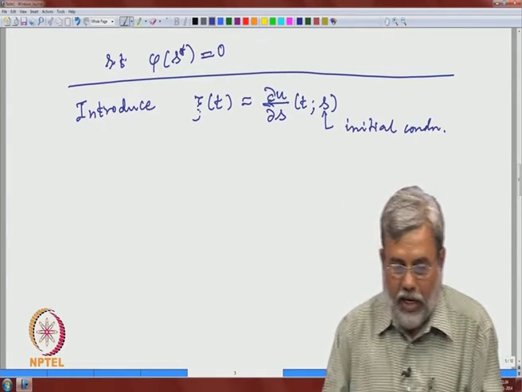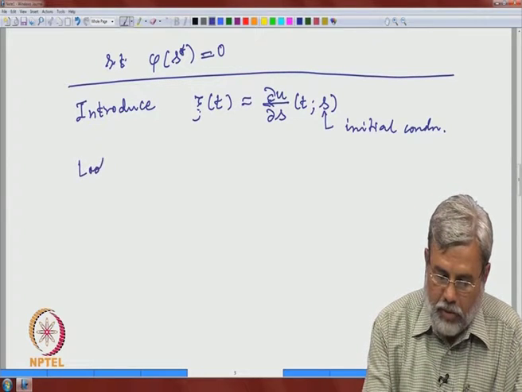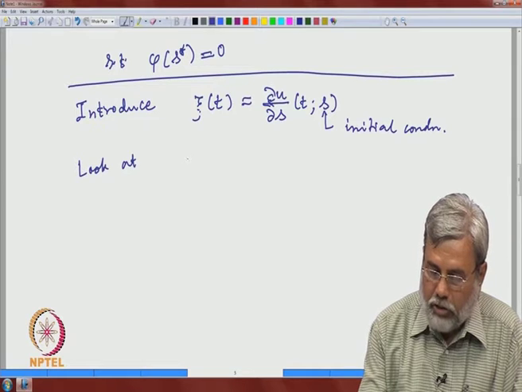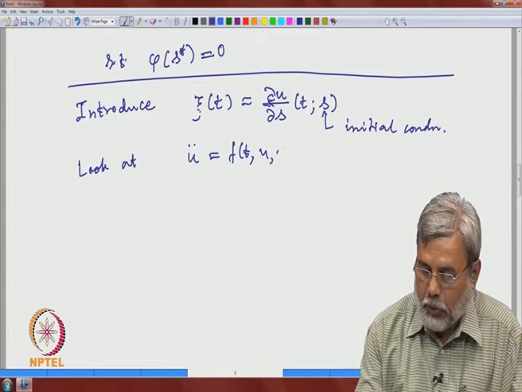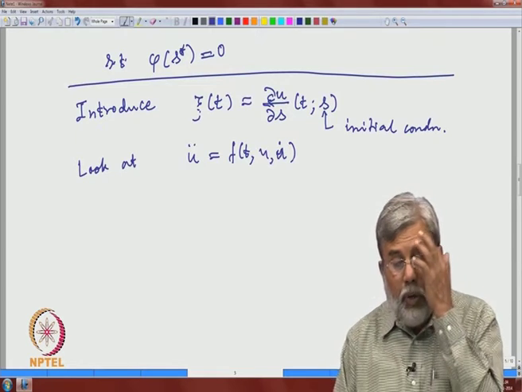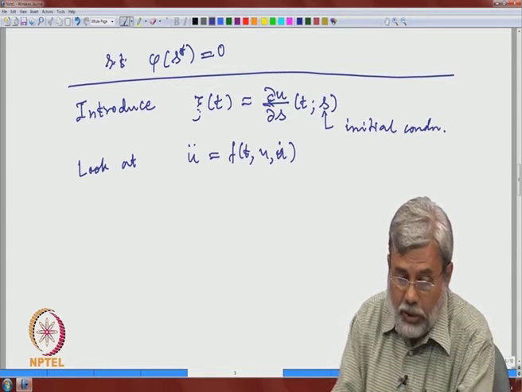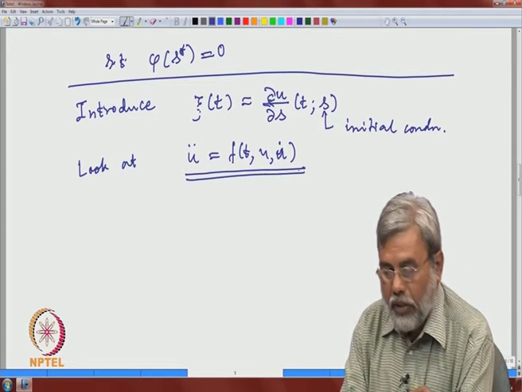Okay. And now look at the equation again for u. Recall that u double dot equals f of t, u, u dot. Okay. So, u now implicitly depends on this s. So, we will differentiate this equation with respect to s.